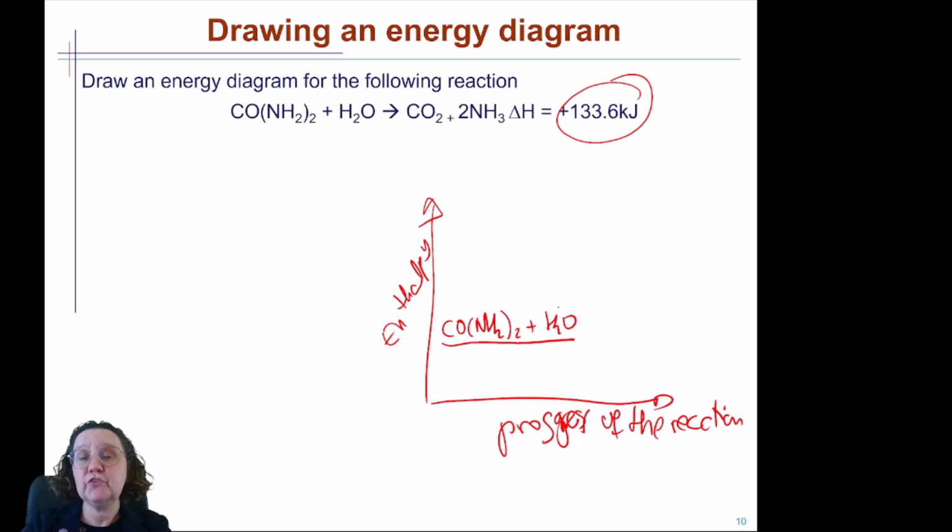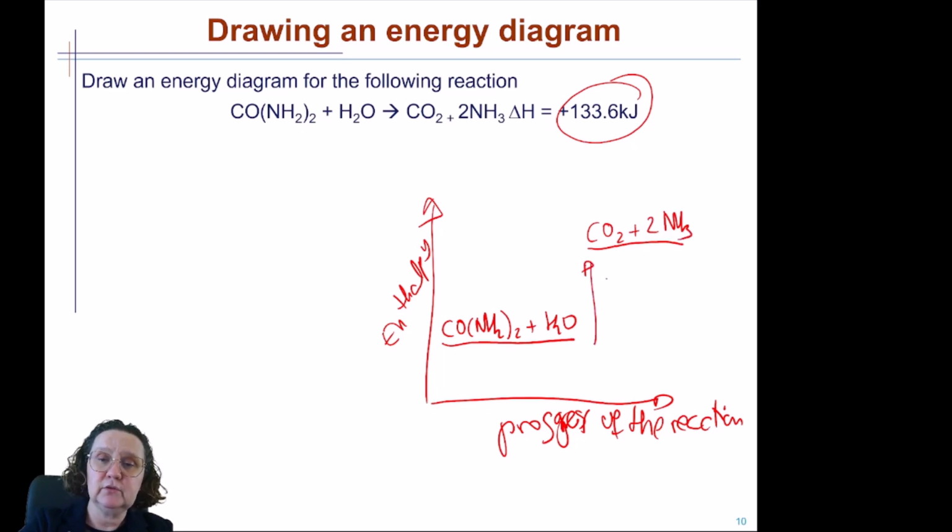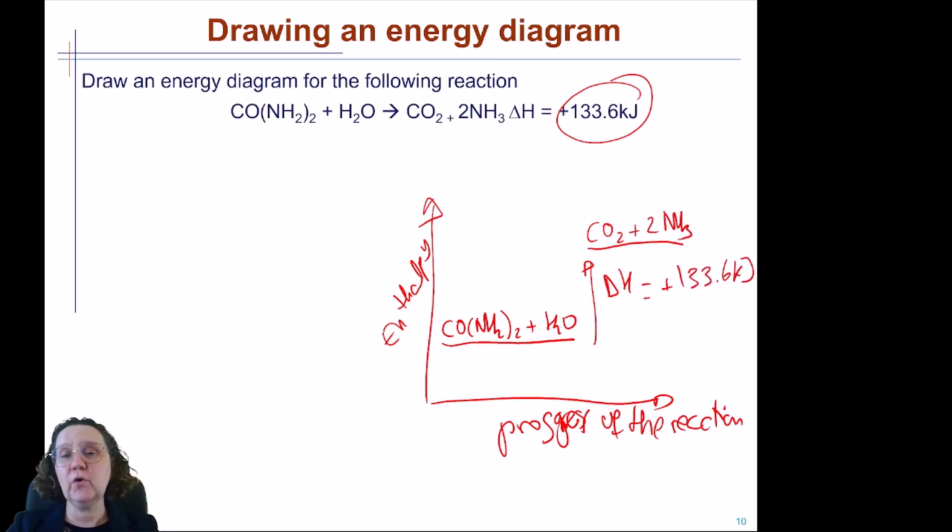My products are going to be CO2 and 2 moles of ammonia, and they are going to have a higher energy than my reagents. So I draw CO2 and the 2 moles of ammonia here, and this delta H is plus 133.6 kilojoules. So I take the general diagram of an endothermic reaction and I draw it with the data for the reaction I'm interested in: the change in enthalpy and the specific reagents and products involved in that particular reaction.